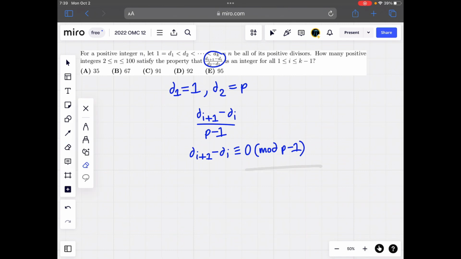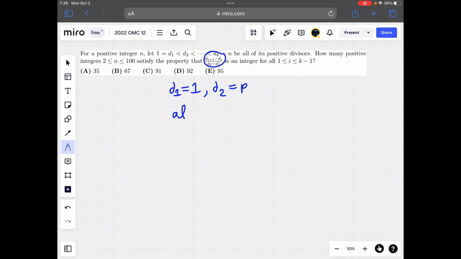If we keep doing this for all divisors of n, we'll see that all of them are congruent to 1 mod p minus 1. So we can write that all d_i are congruent to 1 mod p minus 1.